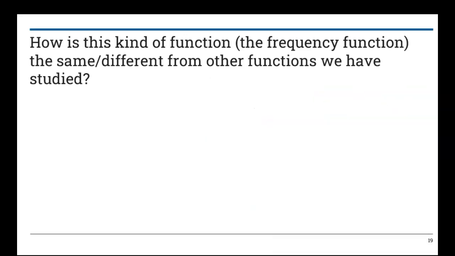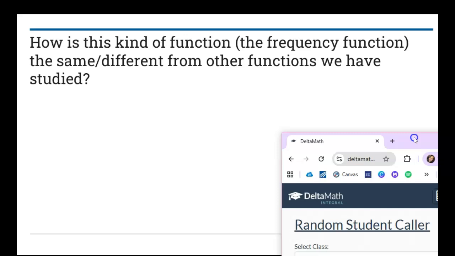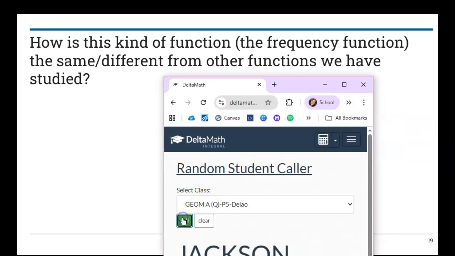Inputs and outputs. Yes? That's similar, the same. The linear and exponential and all that, they have inputs and outputs, and so does this function, right? We had a set of inputs and outputs. Good. And then how is it different from the functions? Jackson.